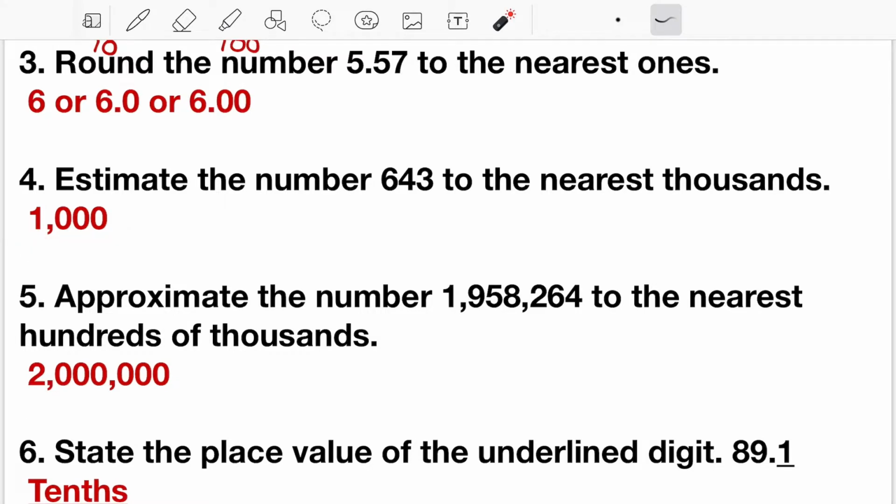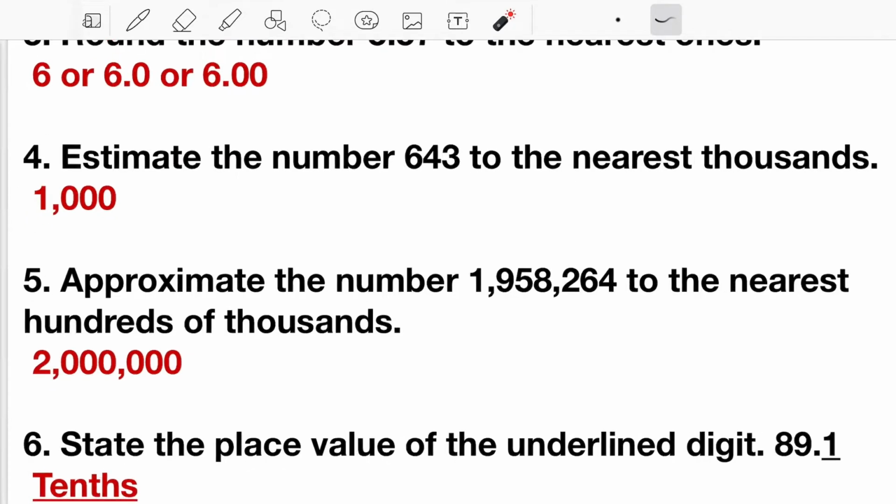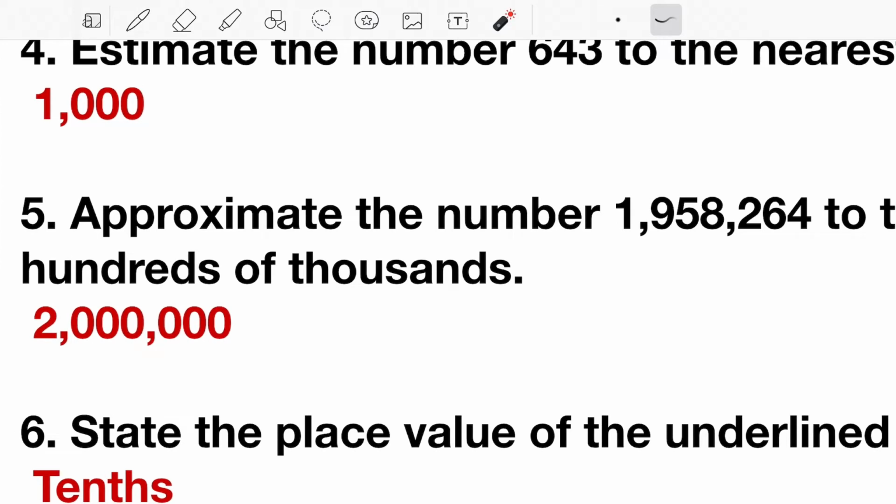Number 5. Approximate the number to the nearest hundreds of thousands. So this is a hundreds of thousands figure or digit. We look at a number to the right of it, check to see if it's 5 or more.